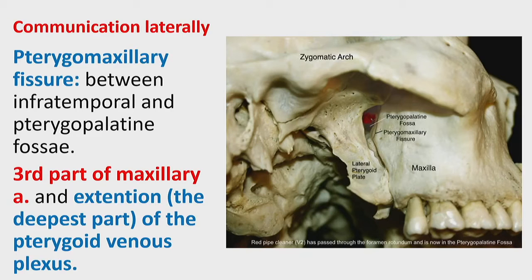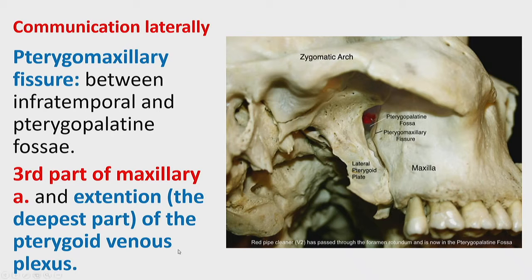We said that laterally it's connected with the infratemporal fossa through the pterygomaxillary fissure, and through this fissure from the infratemporal fossa, it continues the maxillary artery, the third part, and also some extension of the pterygoid venous plexus. The pterygoid venous plexus is a main component of the infratemporal fossa.